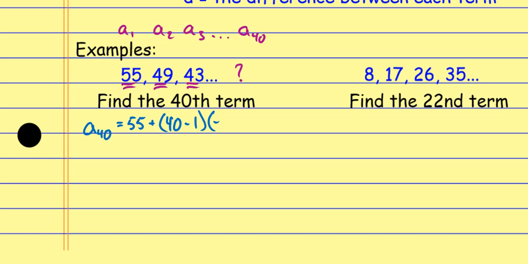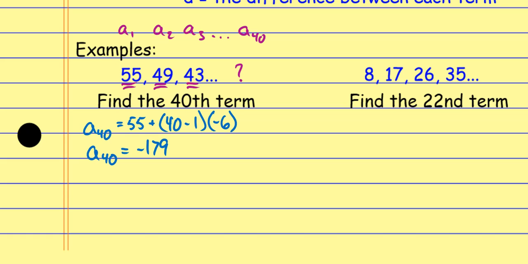The pattern here was adding a negative 6 each time. So that's what I'm going to multiply by in my formula. And now from here, this is really just a job for my calculator. I do the 40 minus the 1 is a 39 times the negative 6, and then plus the 55. And when I do that, I get a negative 179. So a sub 40 is a negative 179.